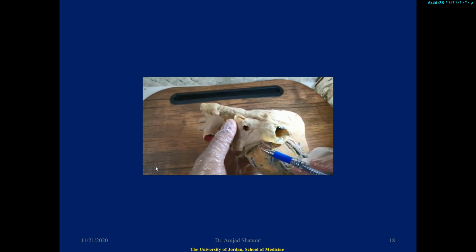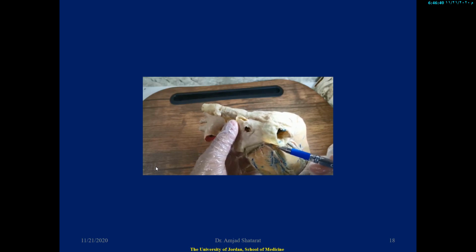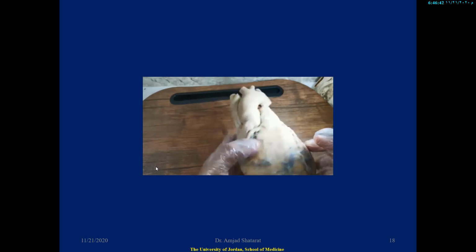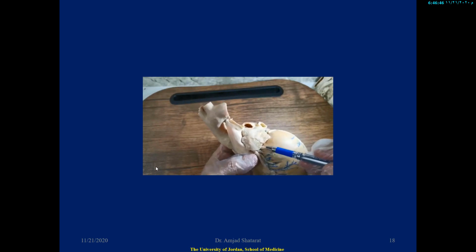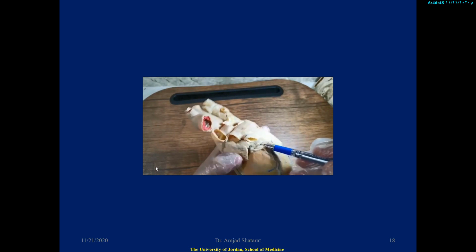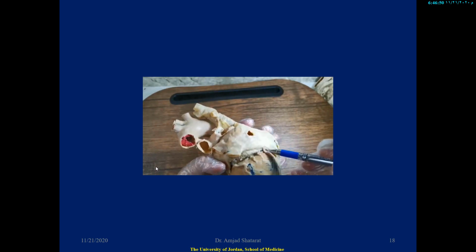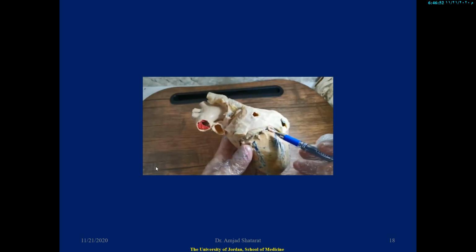Let's join it from the other side. This is the left part of the coronary sulcus. It goes downward where it meets the other one.